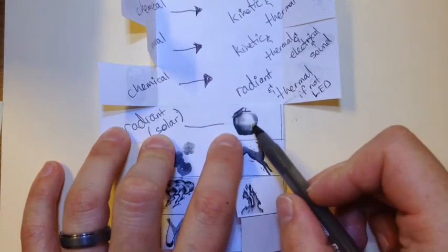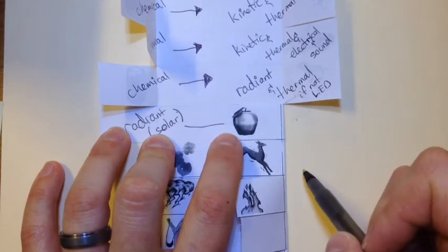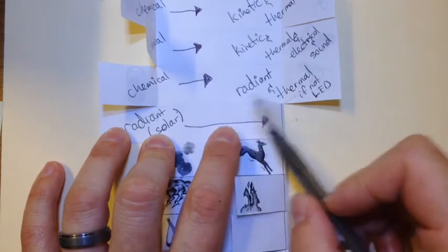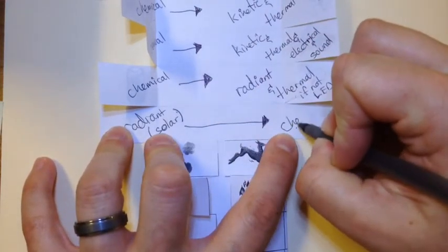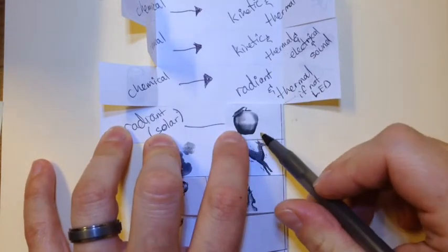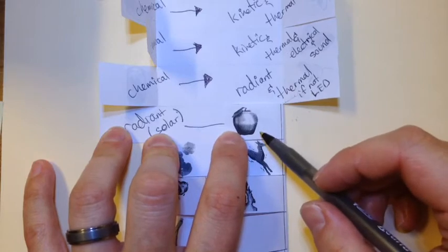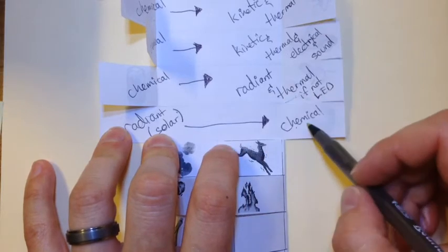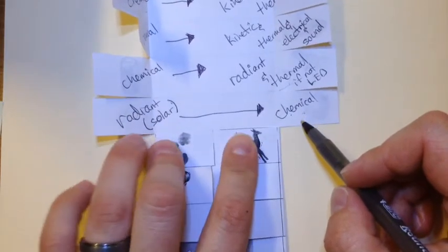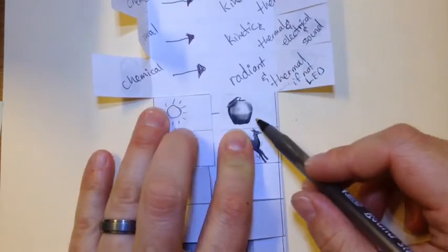All right, what type of energy does an apple have? Chemical. It's food. There's sugar in that apple. Chemical energy stored in that apple. Now, here's a question that goes back to biology.